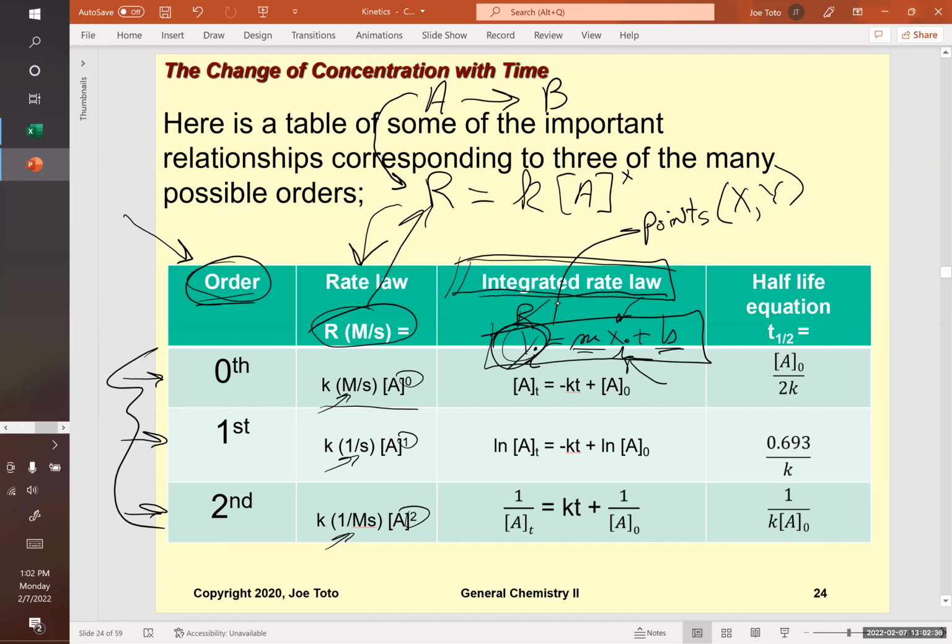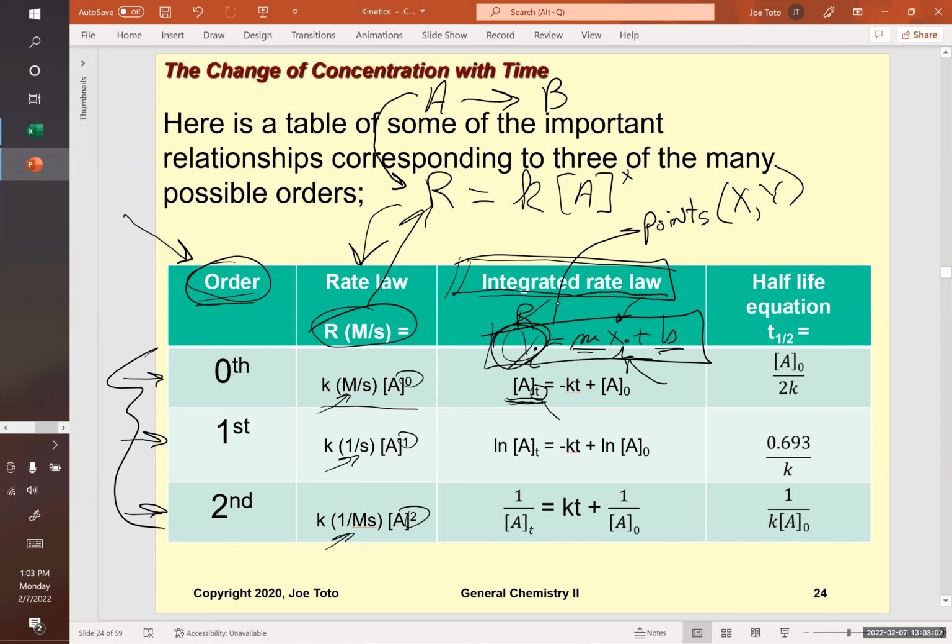All right, so let's take a look at the subscripts in these integrated rate laws and show what they mean. Now, for the 0th order integrated rate law, this mathematical function tells you how the concentration at some time t, and that t is a time in the future.